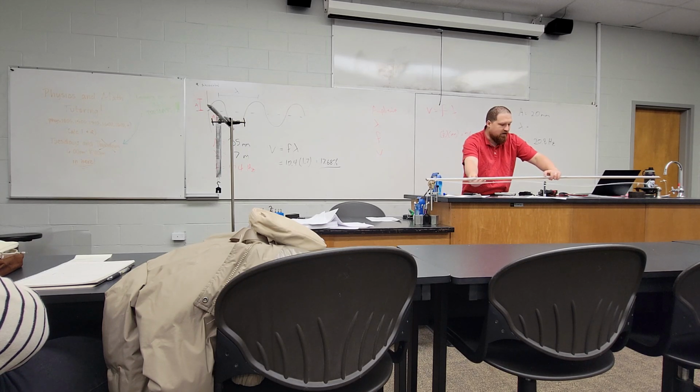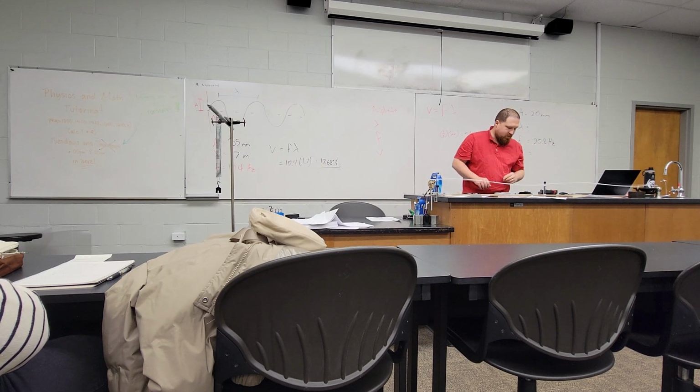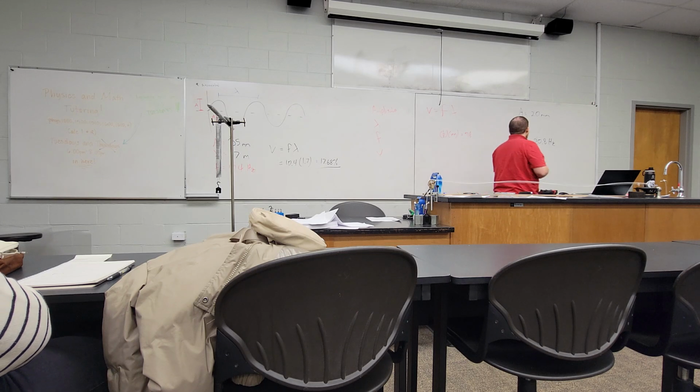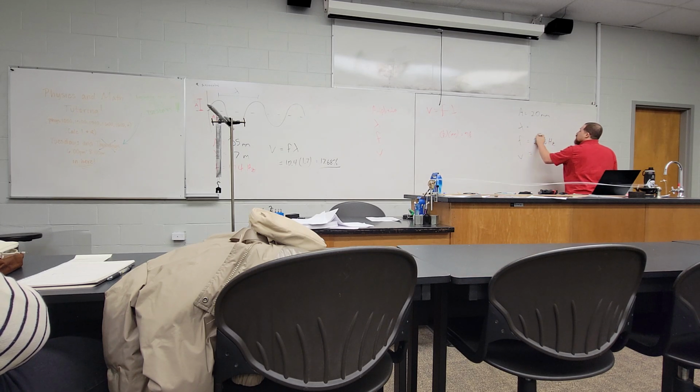From the end to the middle is now situated at, it's a little longer than I would have liked actually. 900 millimeters, excuse me. 900 millimeters. Which is 0.9 meters.